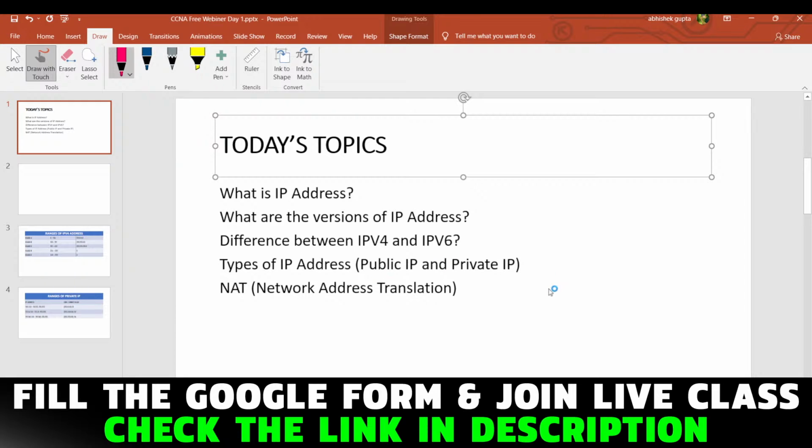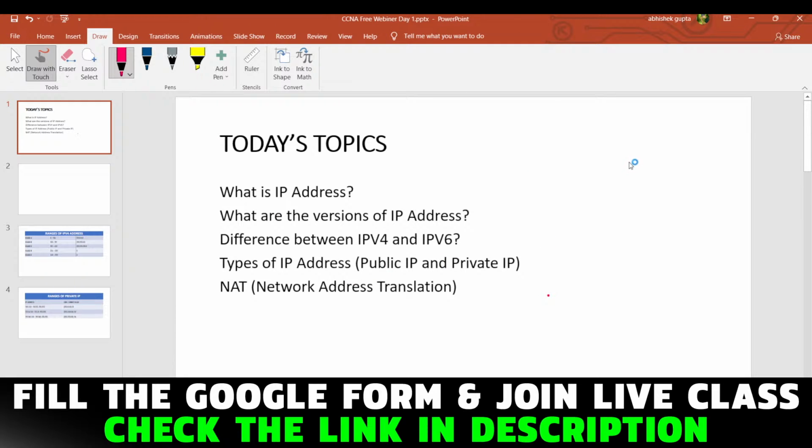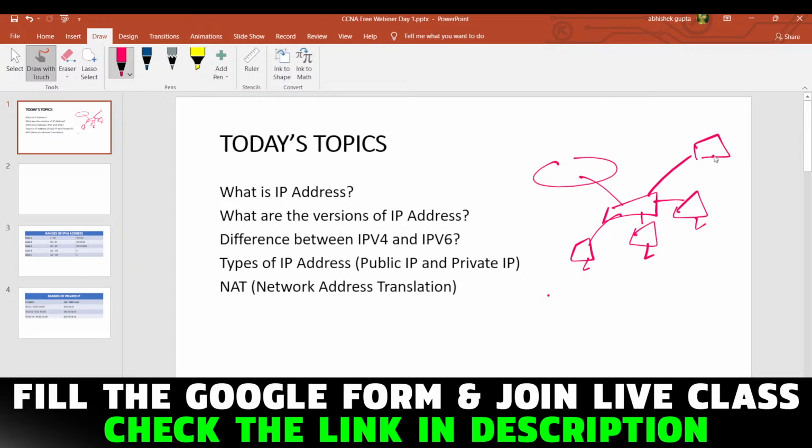Let me explain. APIPA is called Automatic Private IP Address, right? For example, you know there is one protocol by the name DHCP, right? What is the work of DHCP? It automatically assigns IP addresses to all the devices connected to a network, correct? For example, due to some reason DHCP failed, the server went down. In that case, APIPA is a feature available on all computers.